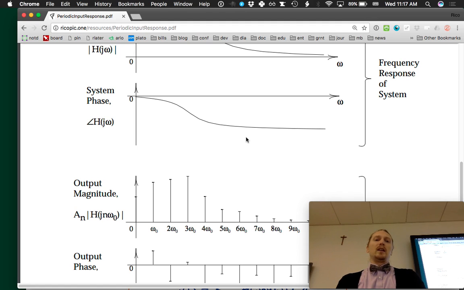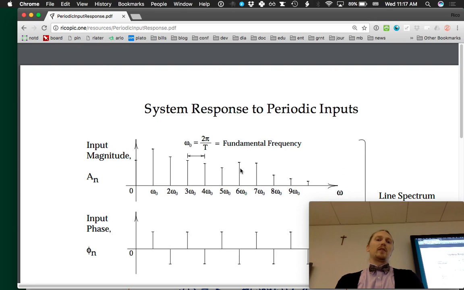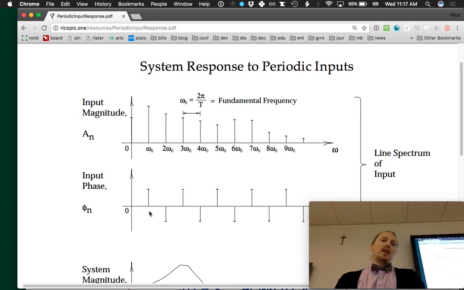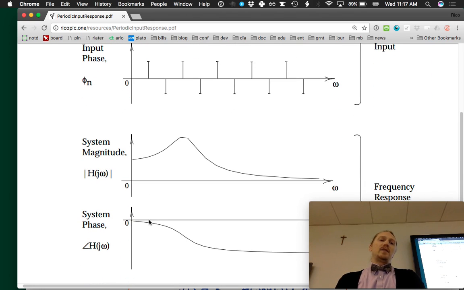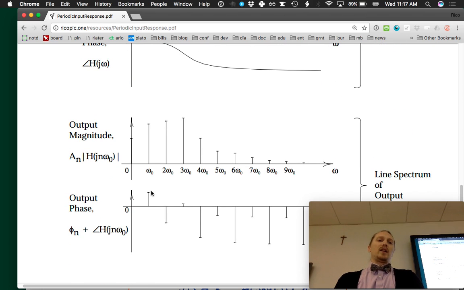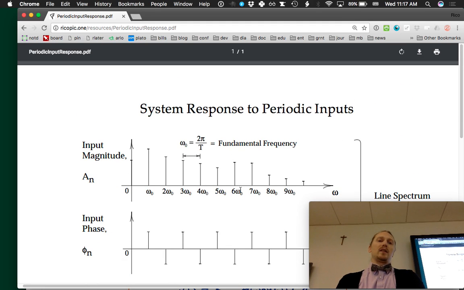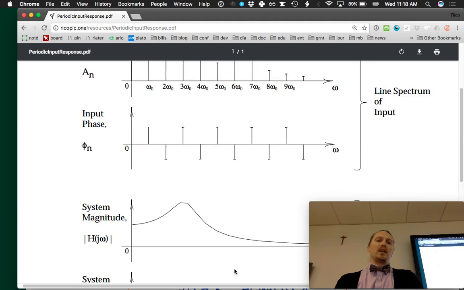If we did the 6th fundamental frequency, we should do the phase first. If the phase was, say, plus 90 there, it would add to this phase, which is a little bit negative, right? So it should drop a little bit to give ourselves a new phase. Say we went out to the 6th fundamental frequency, the magnitude is right about there, and the phase is negative 90, let's say.